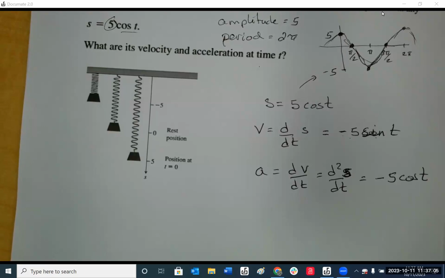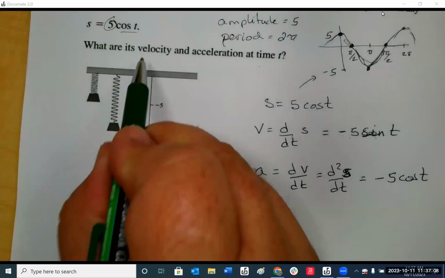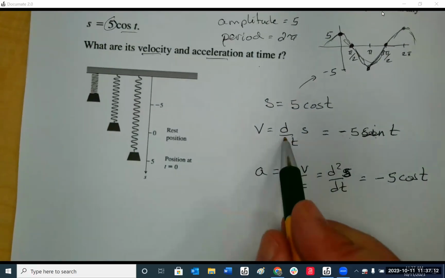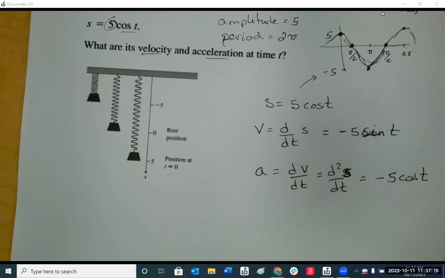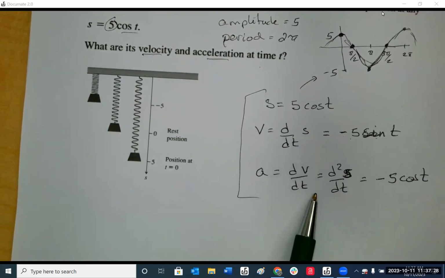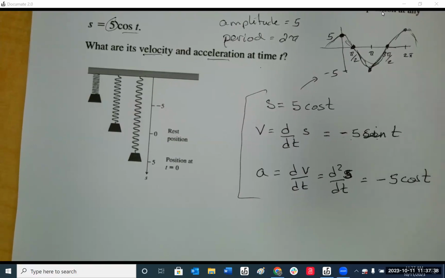Acceleration is the derivative of velocity. So these are the answers at any time. This tells us how fast it moves up and down, and this tells us, once we let go, how fast it is moving. Pretty straightforward.